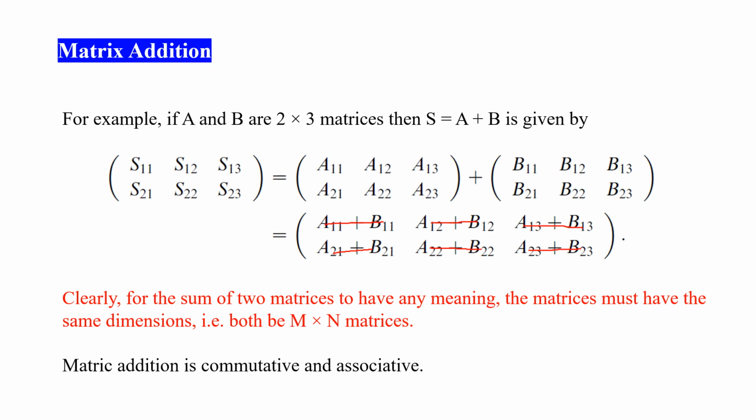So clearly, for the sum of two matrices to have any meaning, the matrices must have the same dimensions. For example, both are m by n matrices.